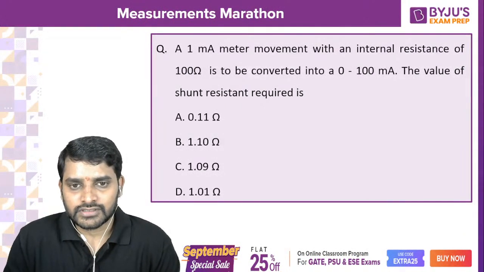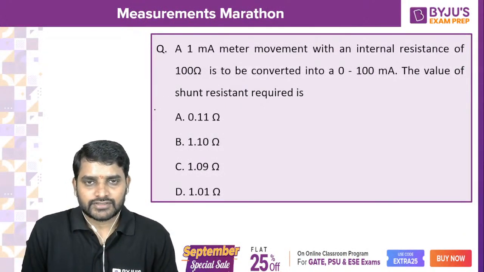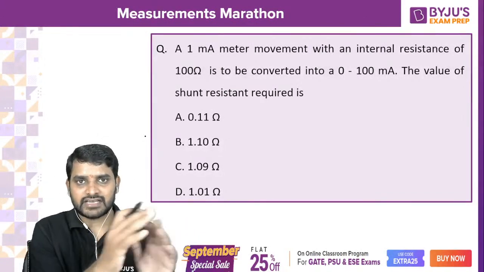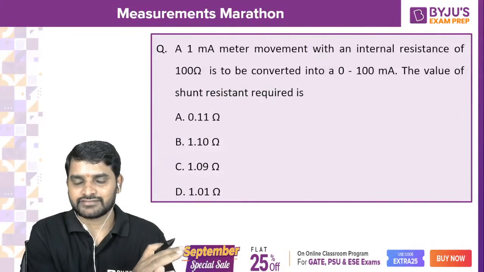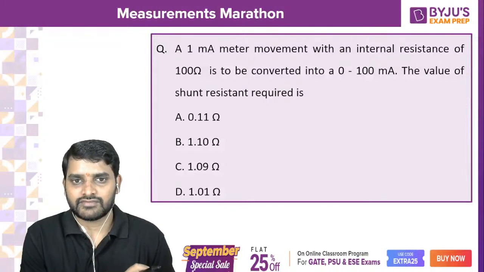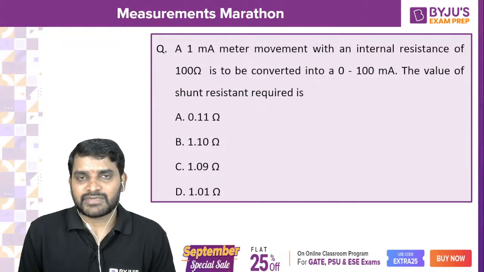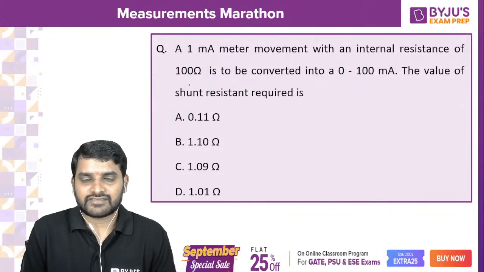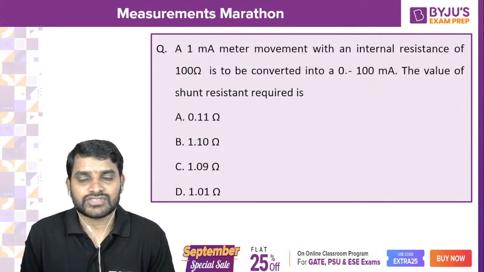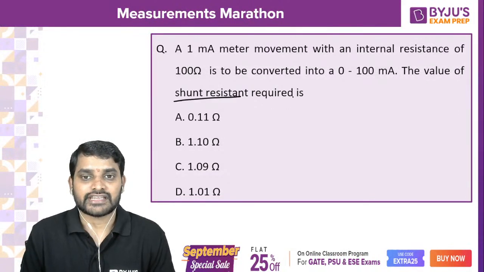Now look into this one. So that is the question based on theta at a steady state condition. Now there is one more question I have got here. A 1 milliampere meter movement with an internal resistance of 100 ohms is to be converted into 0 to 100 milliamperes. The value of shunt resistance required is.